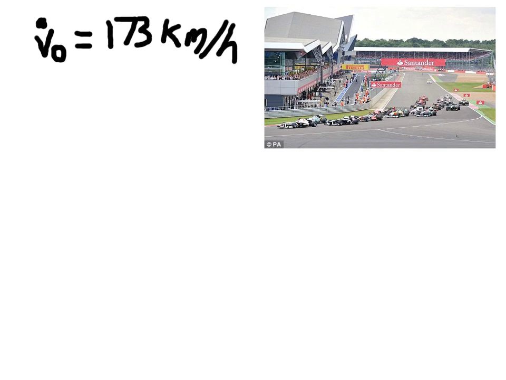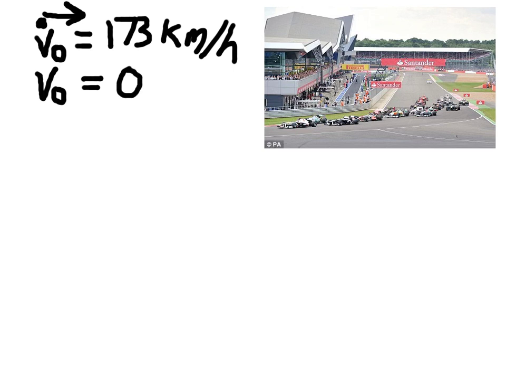Alright, first my diagram. We have this little dot that is going to represent David Purley, and he has an initial velocity, according to the problem, of 173 kilometers per hour. So he is going in some direction with that velocity. And then he has a final velocity of 0.